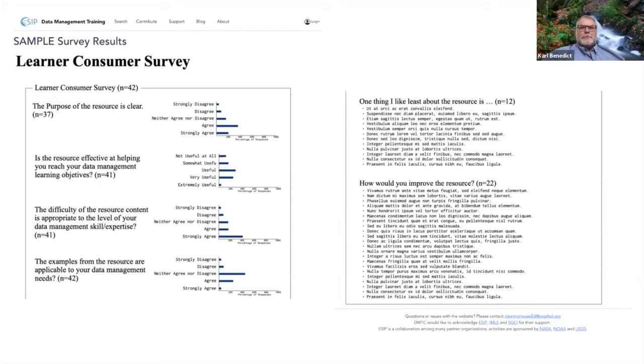The last question, examples from the sources are applicable to your data management needs, is so personalized that that's only going to be, like the last speaker said, of help to the developer, not to someone who wants to know how everybody else felt about this particular training resource.